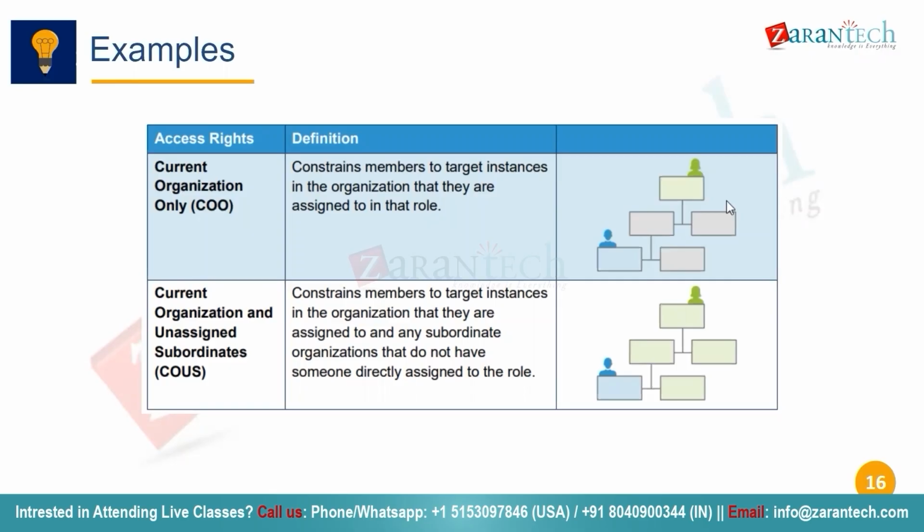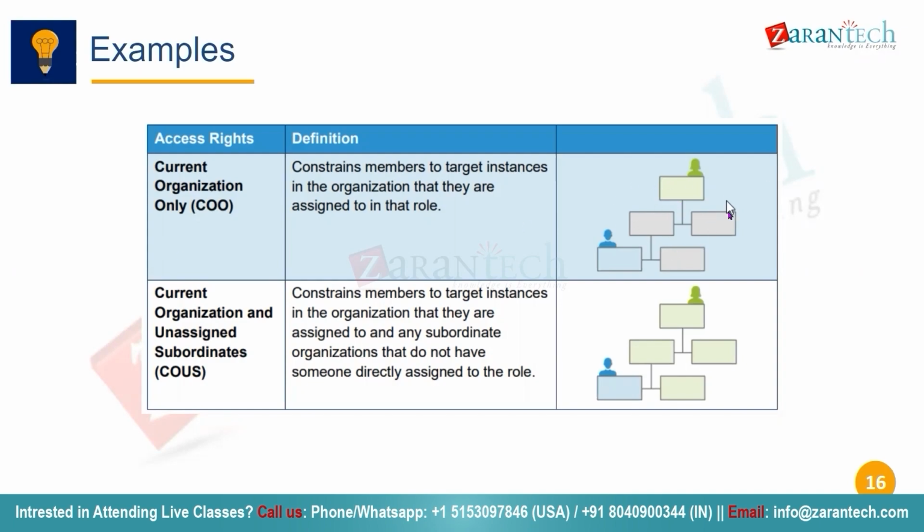So the first option we have is current organizations only. By looking at the name of the option, current organizations only means it will have all the members who are available in that organization.